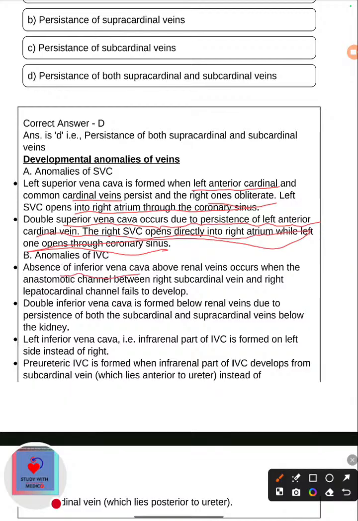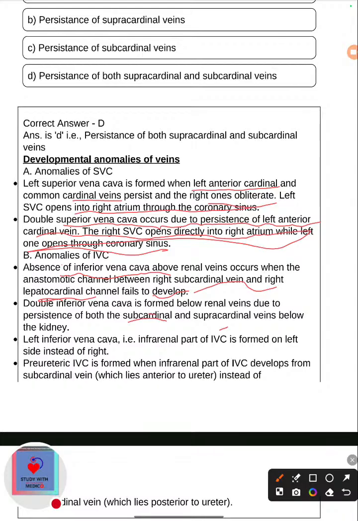IVC anomalies: absence of the inferior vena cava above the renal veins occurs when the anastomotic channels between the right subcardinal vein and right hepatocardinal channels fail to develop. Double inferior vena cava is formed below the renal veins. It consists of both subcardinal and supracardinal veins below the kidney.